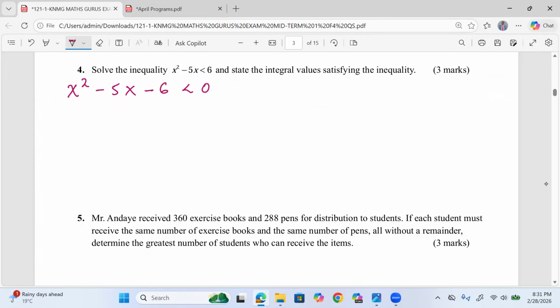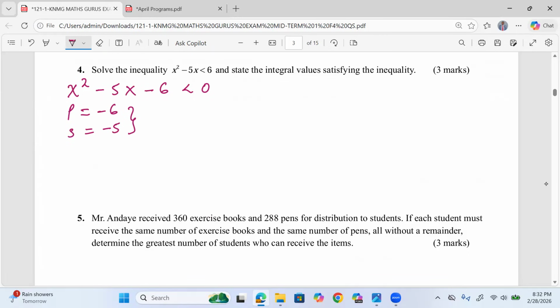Let us factorize so that we may solve for the values of x that satisfy this particular inequality. From the left, we need a product of -6 and a sum of -5. Do we have that? Let's check.